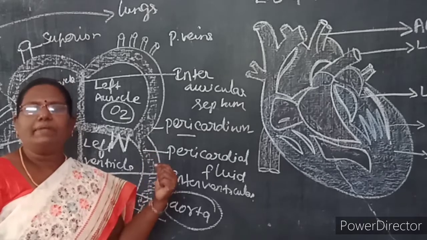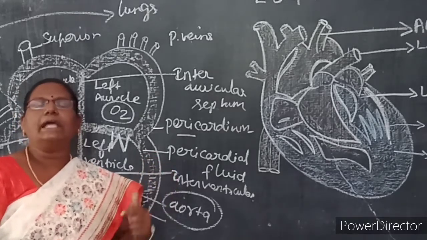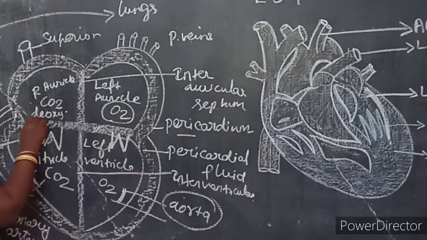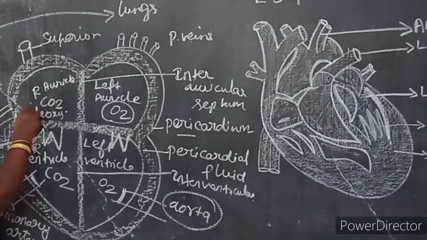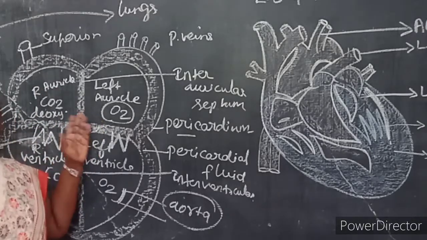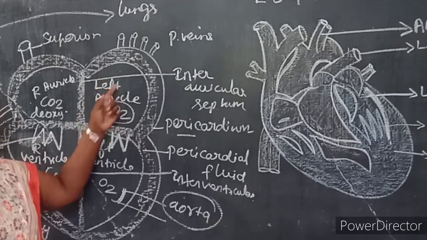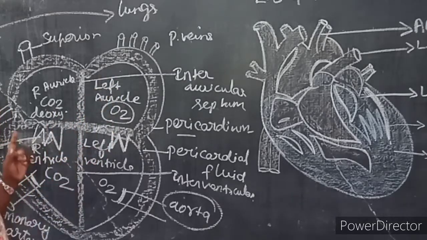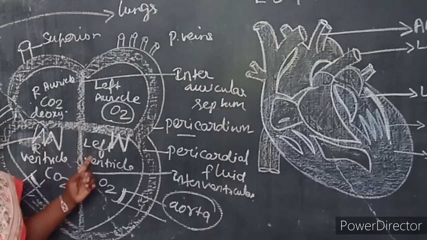At the same time, the inferior vena cava collects the deoxygenated blood from the posterior part of the body, and it opens into the right auricle. At the same time, the left auricle is filled with the oxygenated blood through the four pulmonary veins. Now the auricles open into the ventricles through the tricuspid as well as the bicuspid valves.